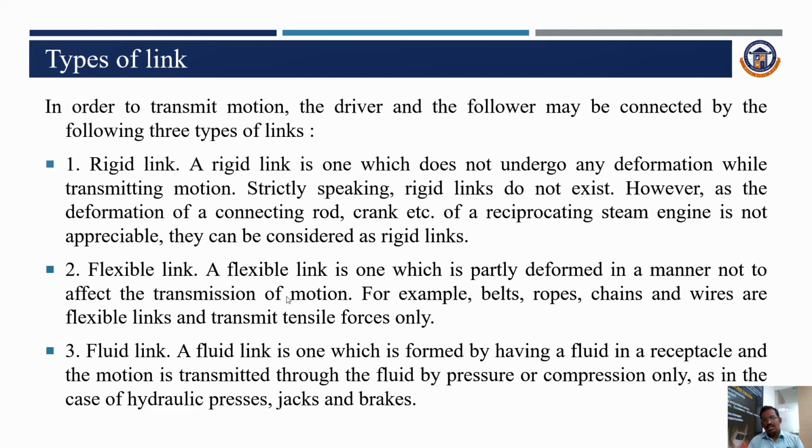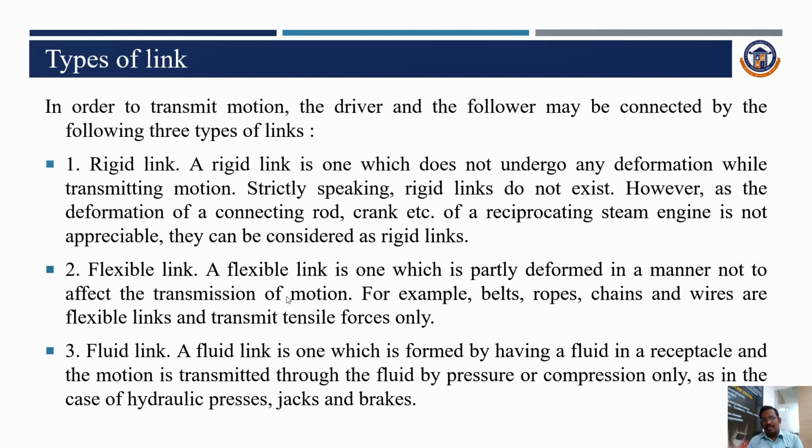It is known as a belt, a flexible transmission. For example, a belt can transmit power from one shaft to another shaft. Flexible means it can expand or retain, but it can still transmit. It is known as a flexible link.